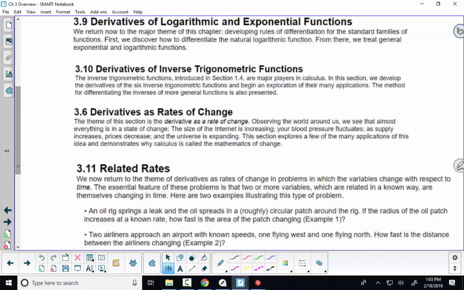And then 3.6 and 3.11 are the applications of derivatives, or some of the applications anyway. So that's the order we're going to cover it. If you refer back to the schedule at the end of the syllabus, you have a better sense of what we're going to be covering in class. So you hopefully can print the notes out if you need those.